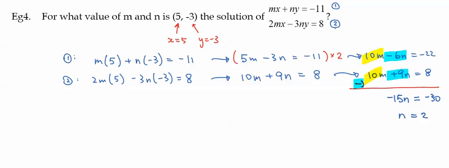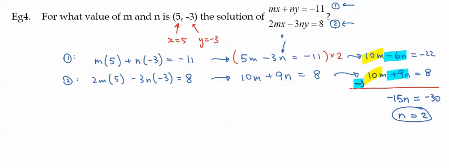Substitute, yes. We are not done yet. We want to sub it back into either equation number 1 or equation number 2. Sure, equation number 1. Well, let me put it here.